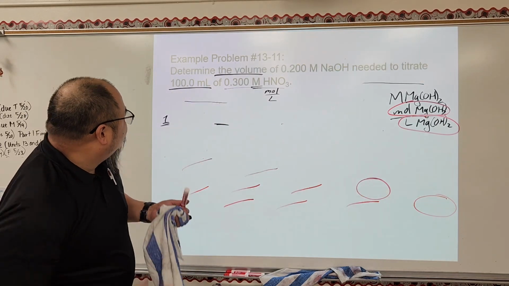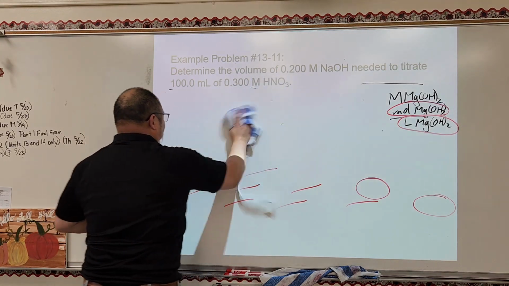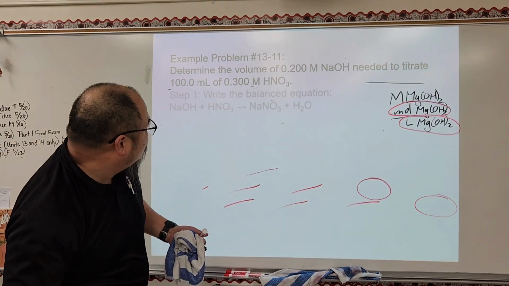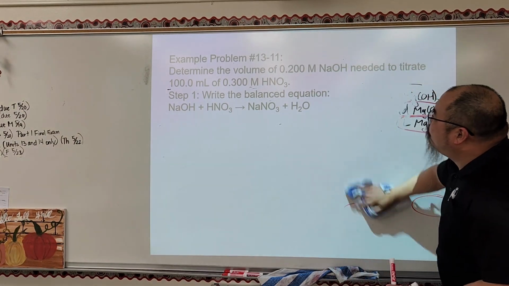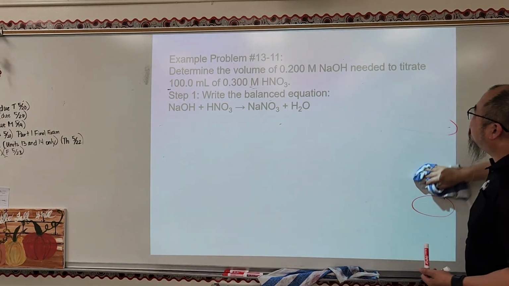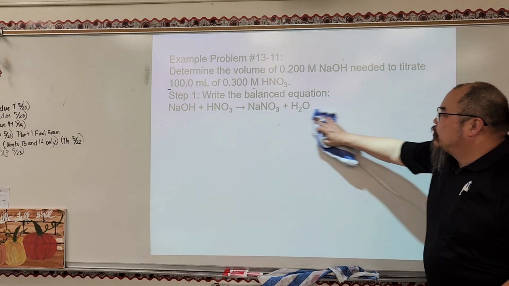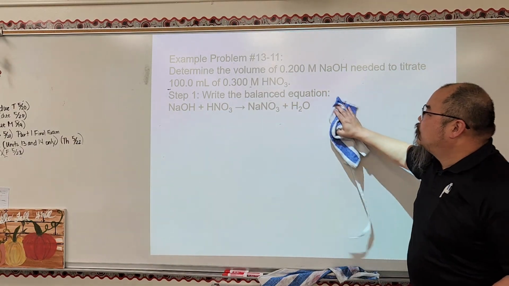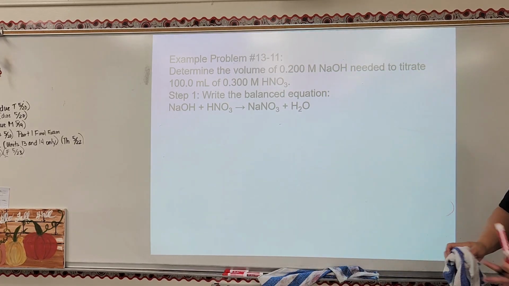And the next problem. Volume of 0.200 molar sodium hydroxide needed to titrate 100 milliliters of 0.300 molar nitric acid.